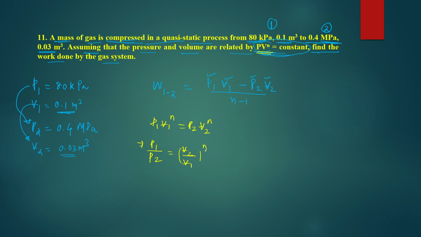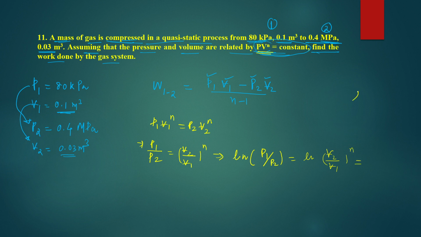We are interested to find out the value of n, so let us take ln on both sides. So you can write the natural logarithm of P1 by P2 equal to ln of (V2 by V1) raised to the power n, right?